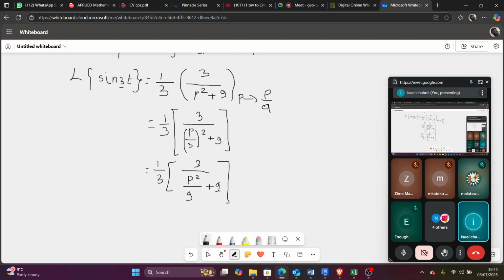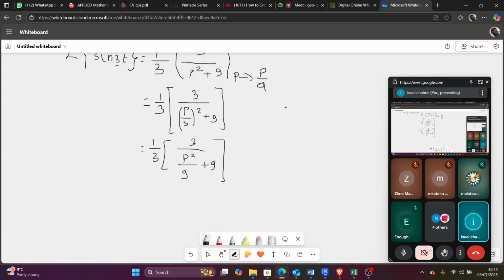So what is happening next here? We need to simplify this. How do we simplify this, guys? Let me write it aside. P square over 9 plus 9. How do we do that?